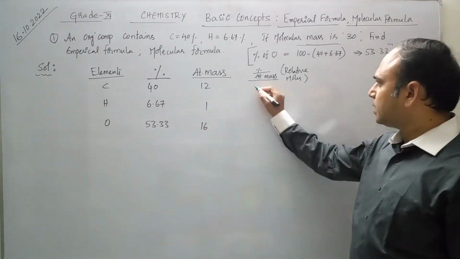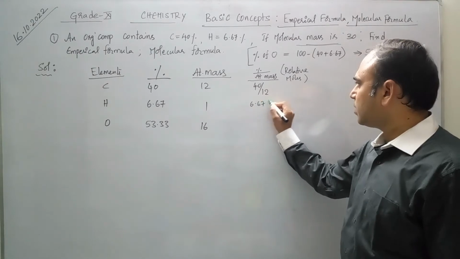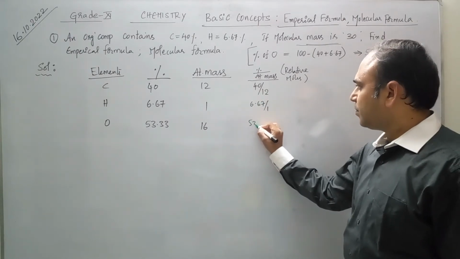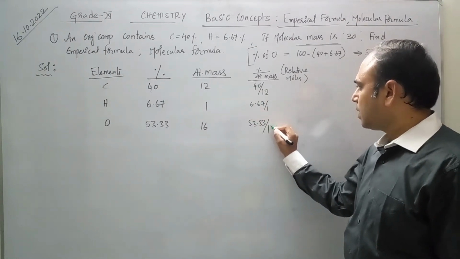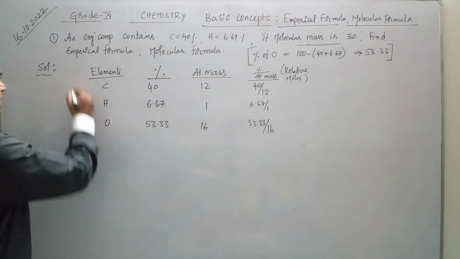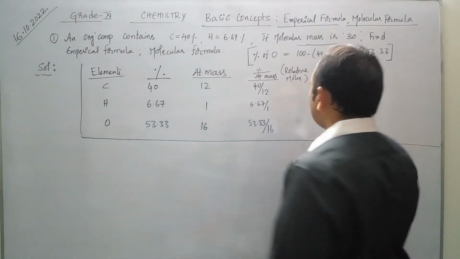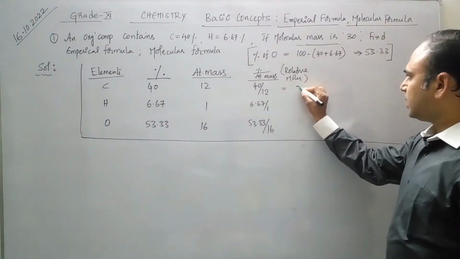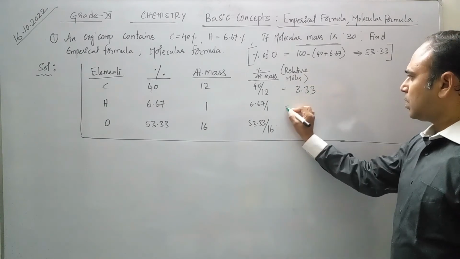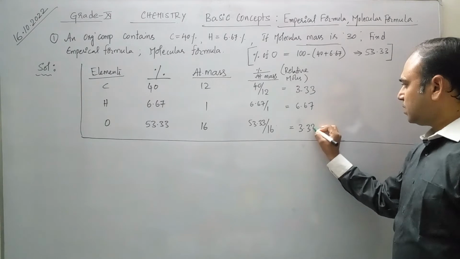So how to calculate? 40 by 12, 6.67 by 1 and 53.33 by 16. So hope you are able to follow this. Next. After calculation, we will get 3.33. Here it is 6.67 and again it is 3.33.